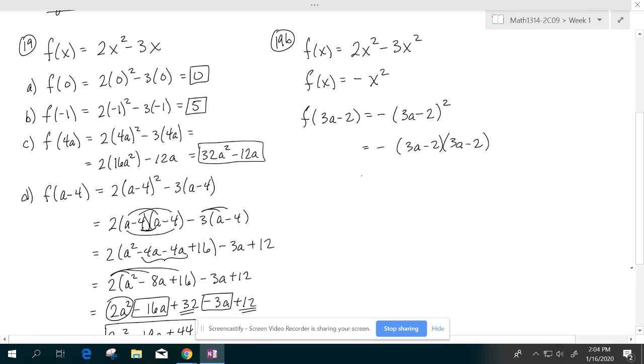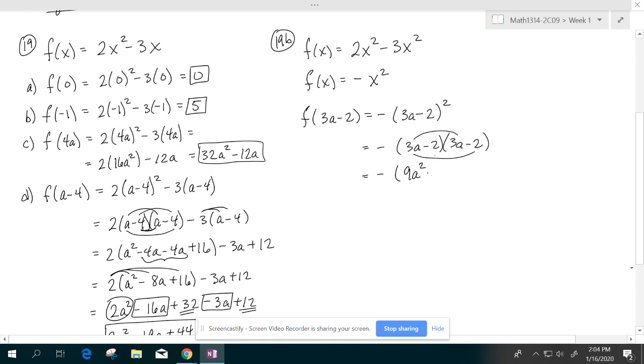Okay, so here we go. First, 3a times 3a. 3a times 3a. 9a squared. Right? You got to multiply the 3's together and you got to multiply the a's together. And then on the outside, what is 3a times negative 2?